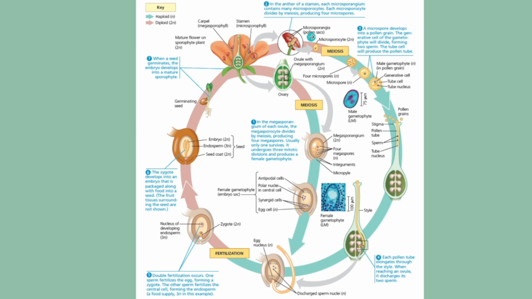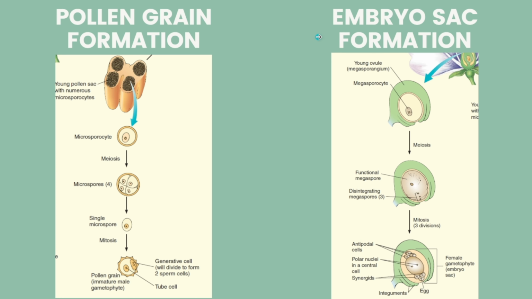In one sporangium there are many microsporocytes. Microsporocyte is a cell's name, the cells of the microsporangia.